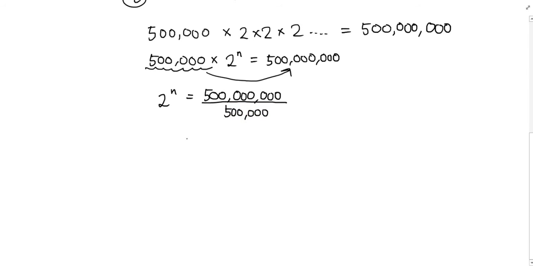I'm going to use the quick way of division by crossing out the same number of zeros from the top and the bottom. Hopefully you understand why I'm doing that, because I'm dividing by 100,000 from both the top and the bottom of the fraction. So the answer is 5,000 over 5, which is 1,000. So 2 to the power of n is 1,000.